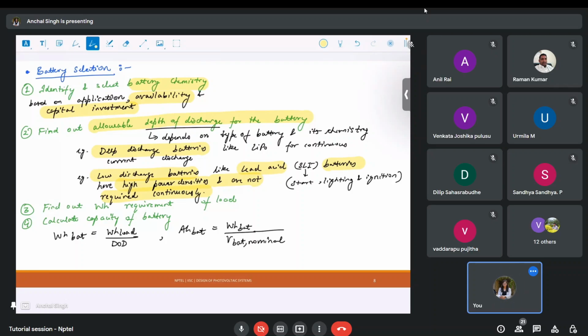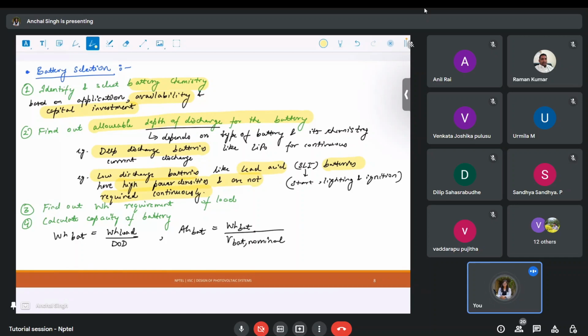I'll continue. So as we were discussing, we could use low discharge batteries for applications which require to be turned on for some point of time. But if I want to continuously use a battery, like suppose I want to continuously run all my home appliances on inverter only, then I will use deep discharge batteries like lithium polymer because I want to draw continuous current from that.